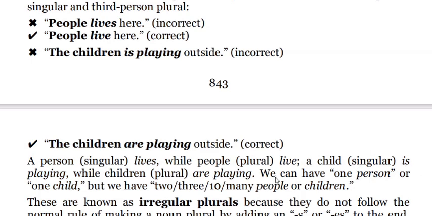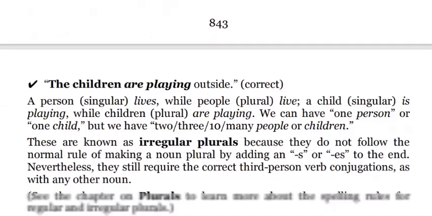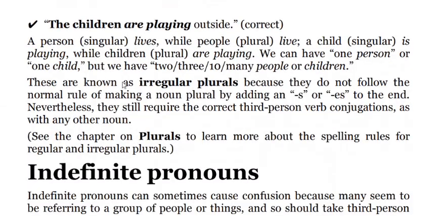We can have one person or one child, but we can have 2, 3, 10, many people or children. These are known as irregular plurals because they do not follow the normal rule of making a noun plural by adding an s or es to the end. Nevertheless, they still require the correct third person verb conjugations as with any other noun.